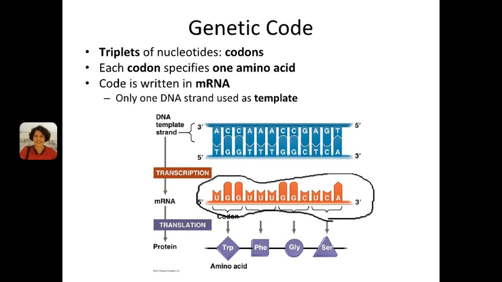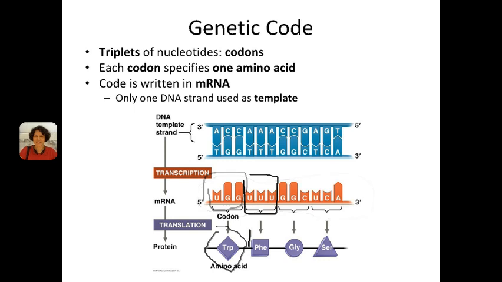So you've got UGG forming the first codon, and that codon specifies the amino acid tryptophan. The next codon, UUU, specifies phenylalanine. GGC gives us glycine, and UCA gives us serine.